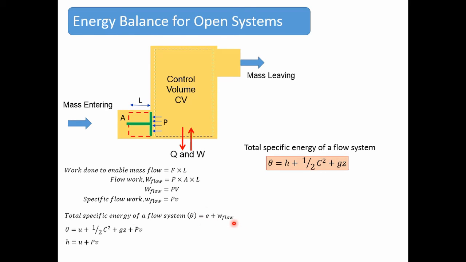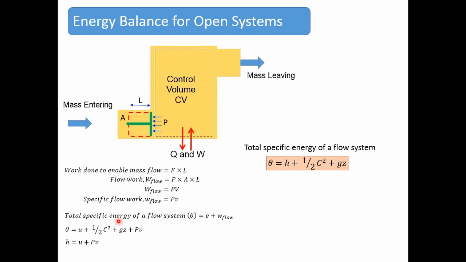This is because flow work becomes a part of the energy of the control volume, because you are doing work on the system in order to push the mass into the system. Similarly, you are doing work on the surroundings when you are pushing the fluid out of the control volume.